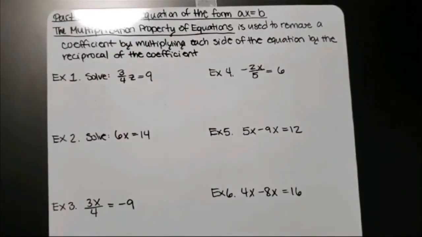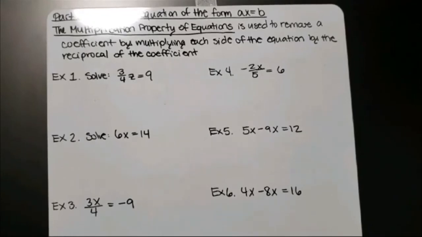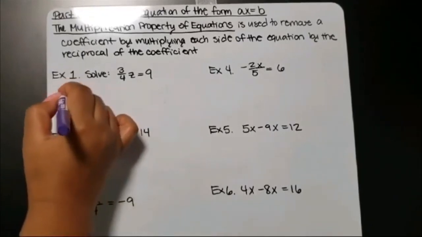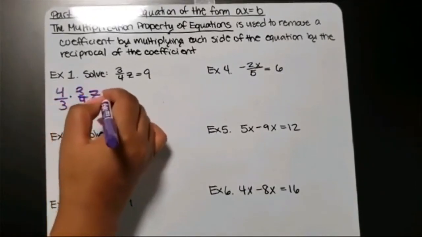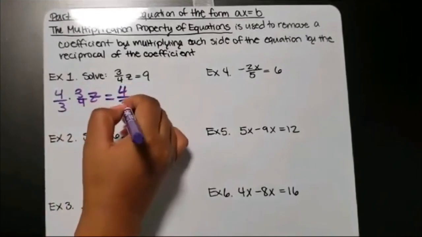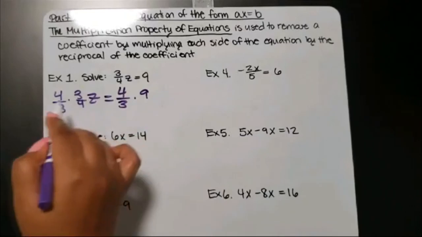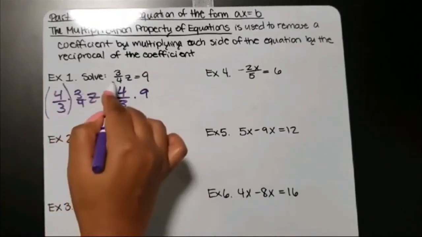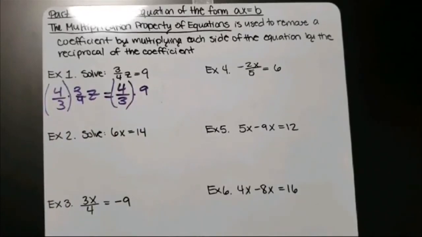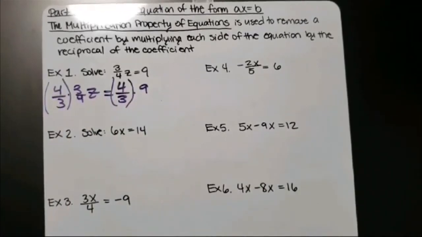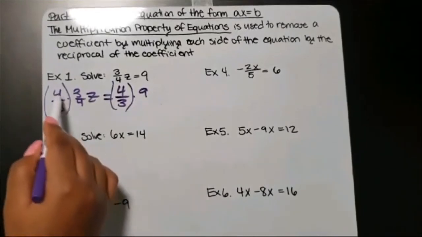So I'm going to erase that. And I'm going to write it. So both sides, I'm going to multiply by 4 over 3. So this is my 4 over 3 that I am multiplying by both sides, okay? So remember when we talked about anything divided by itself was 1.